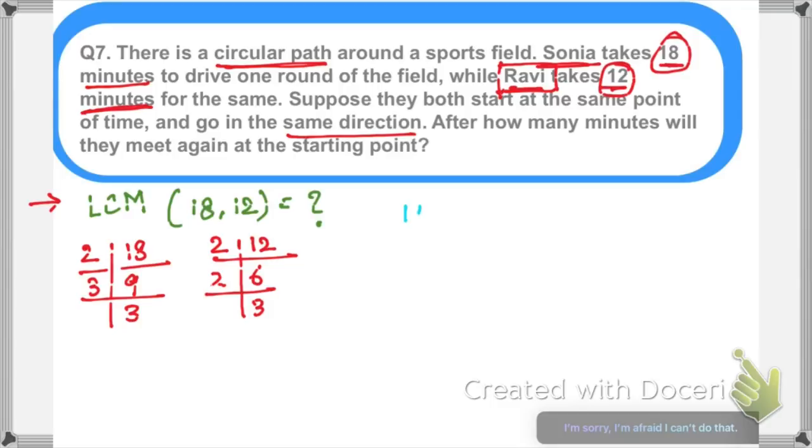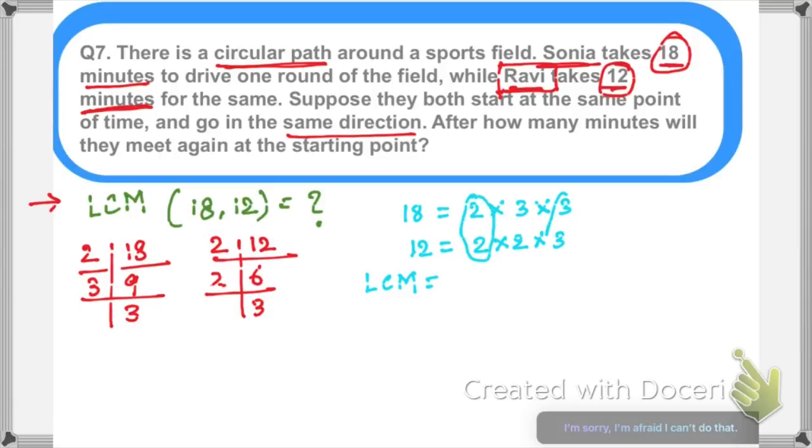Now 18 is equal to 2 into 3 into 3, and 12 is equal to 2 into 2 into 3. Now I have to find the LCM. First we take out the common terms.